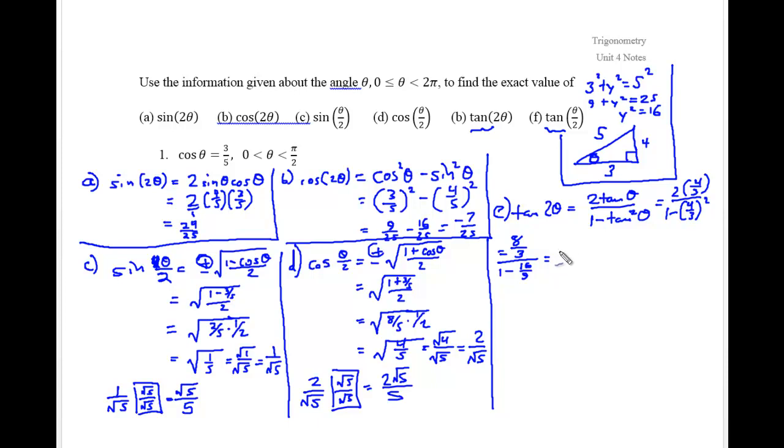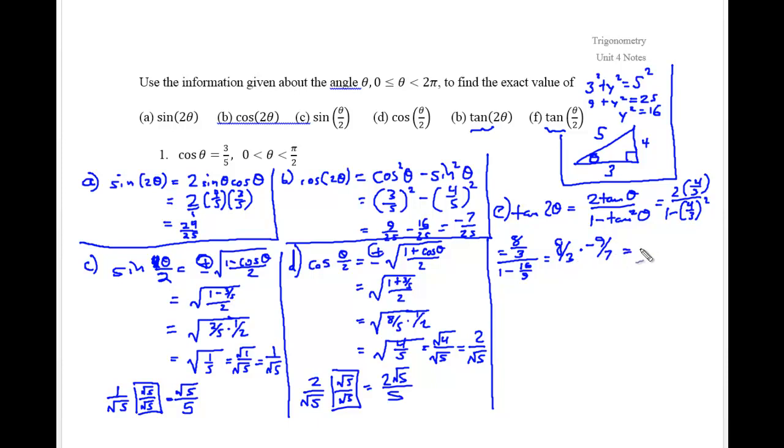Now I can't simplify that 8/3 anymore, so I'll just leave it as 8/3. But 1 minus 16/9, again using your calculator or just making this 9 over 9, gives you an answer of negative 7/9. But instead of dividing by negative 7/9, I'm going to multiply it by negative 9/7. Now what this allows me to do is multiply straight across and do some simplification, because negative 9 is divisible by 3.